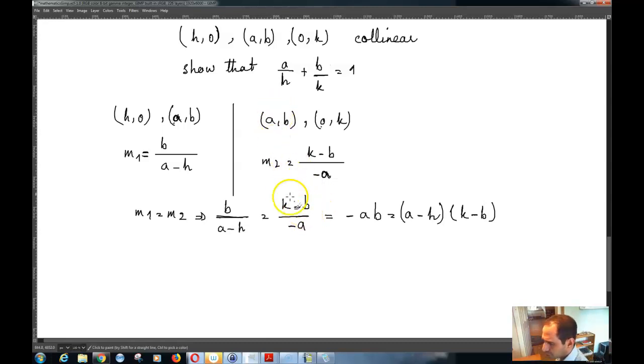Or you might have to take them in a different order to get to this. I'm not really sure. Let me take a look at the solution here.